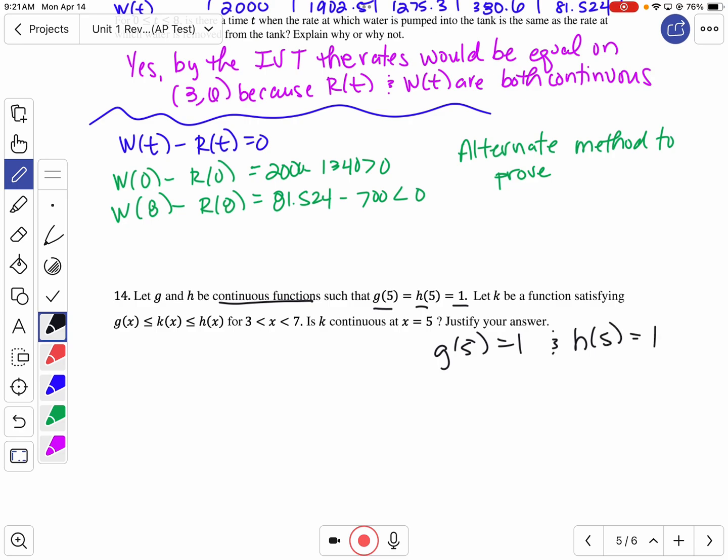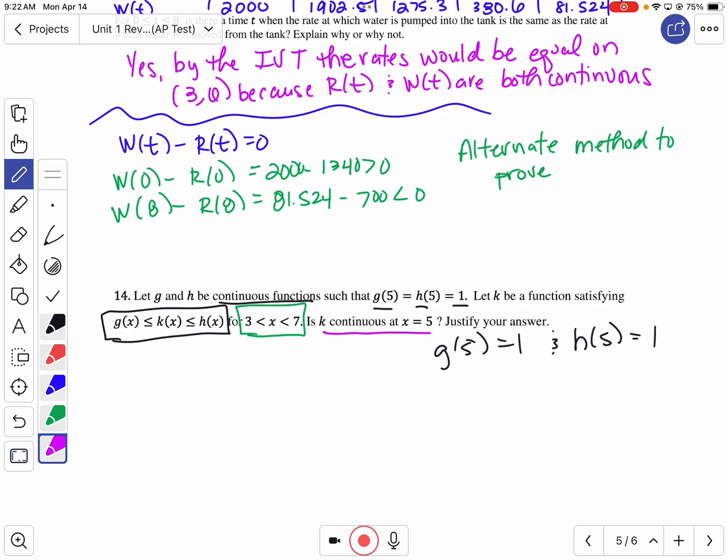Let K be a function satisfying this inequality, and it's true as long as x is on the interval from 3 to 7. So G, K, H, with K in the middle. H is the largest, G is the smallest, K is in the middle. And it asks me, is K continuous at x equals 5?